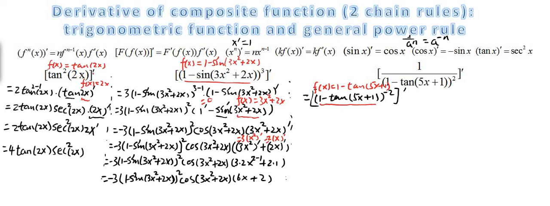Okay, now we're gonna follow this rule. What is n? n is negative 2, times f(x), 1 minus tangent 5x plus 1 to the power negative 2 minus 1, times the derivative of f(x).